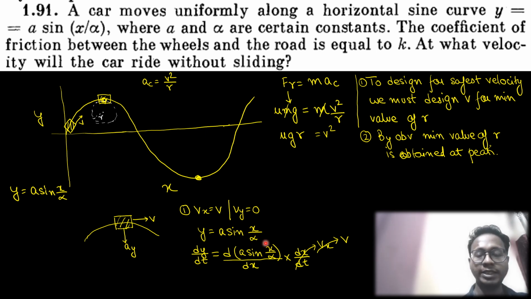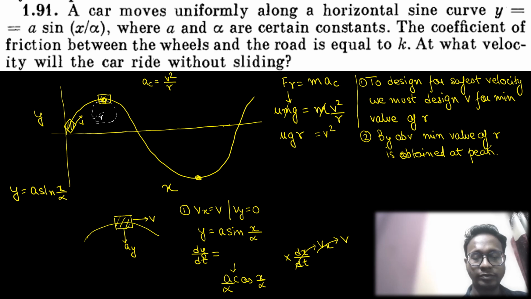Now if I differentiate this term with respect to dx, it is nothing but a cos x by alpha by alpha. So let's write out the differentiation of this term here: a by alpha cos x by alpha into v.